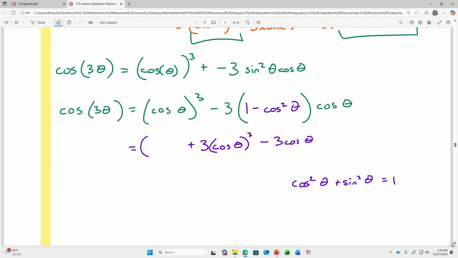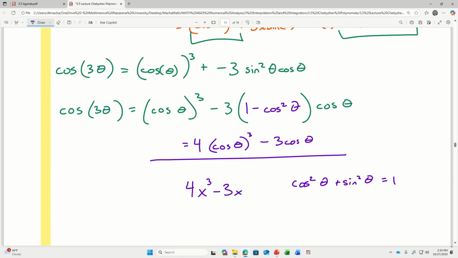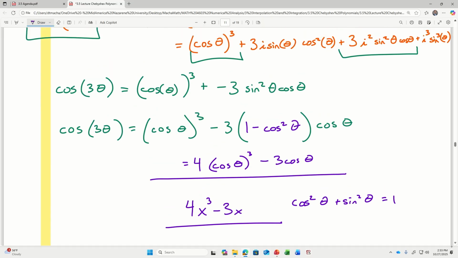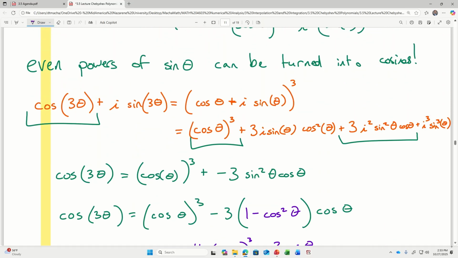Combine that, and it's 4 cosine theta cubed minus 3 cosine theta. So this is looking like a degree 3 polynomial, right? It's just a degree 3 polynomial of cosine theta. That's what I'm trying to tell you.